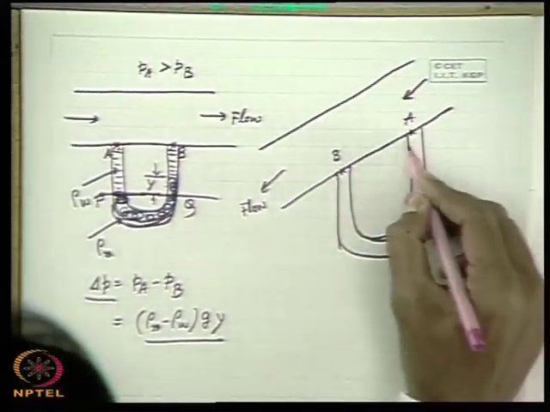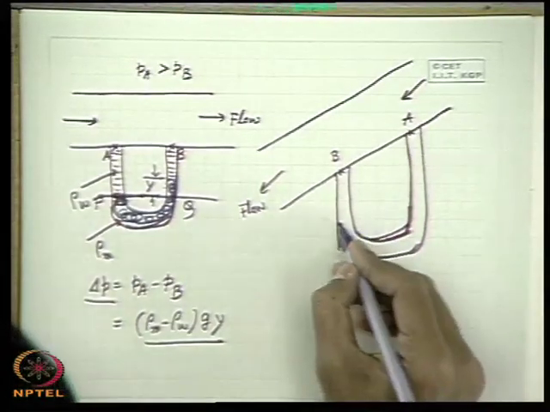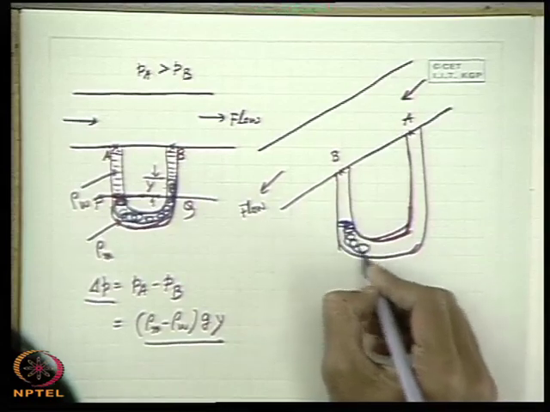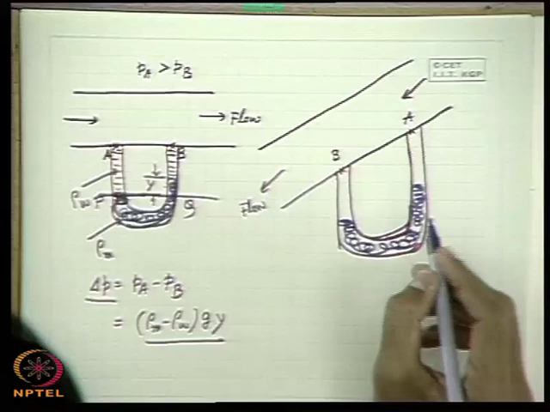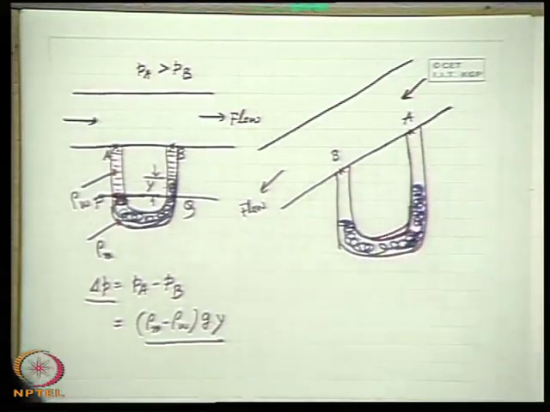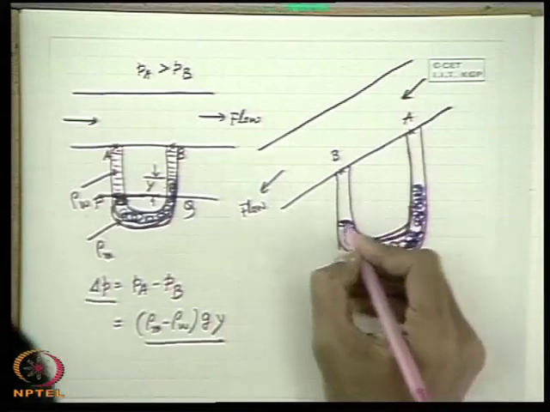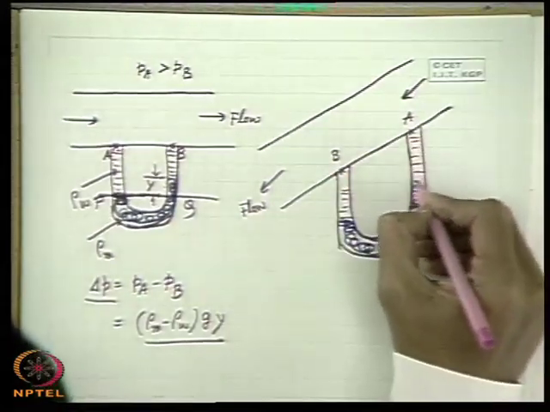Let us connect a U tube manometer, and then the manometric fluid will definitely have a deflection like this. This is the working fluid.